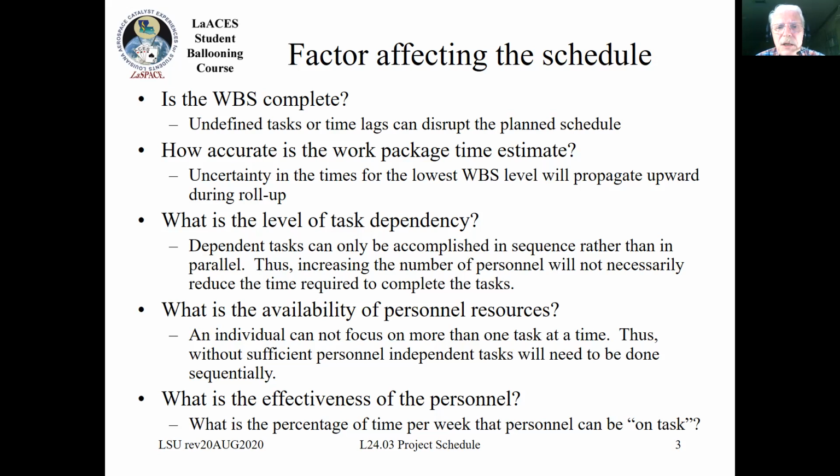You're always going to be sequential on this. If you can have tasks which are in parallel, like for example, you're making 10 of the same thing, each one of those 10 tasks can be run in parallel. Therefore, if you have 10 people, you can accomplish making 10 of them in the same amount of time that you would make one with one person. So the task dependency and parallelization is very important to determine.